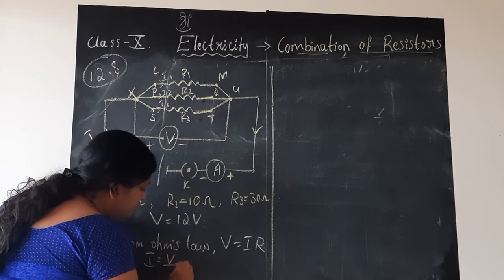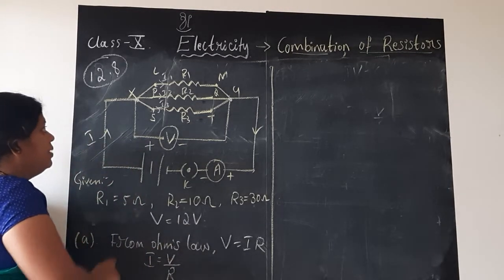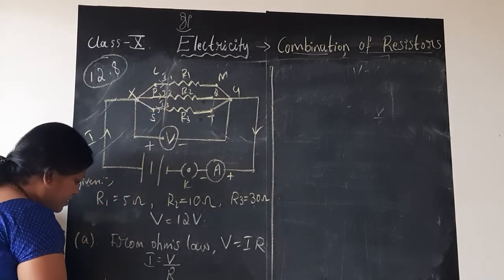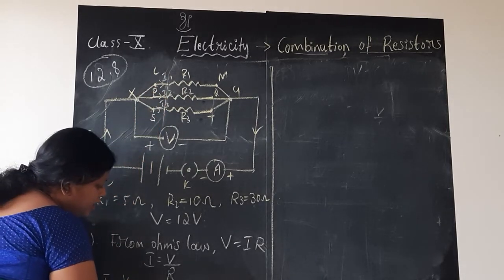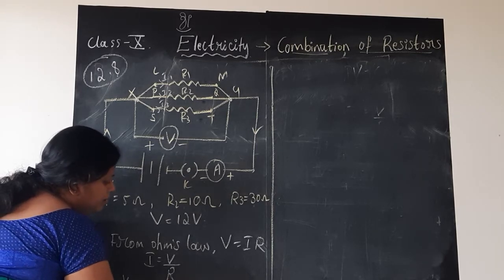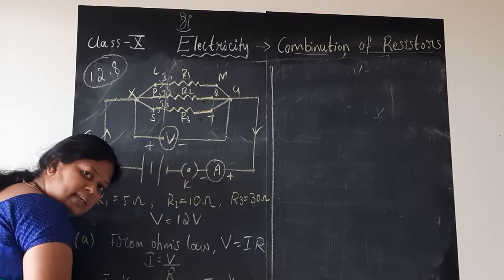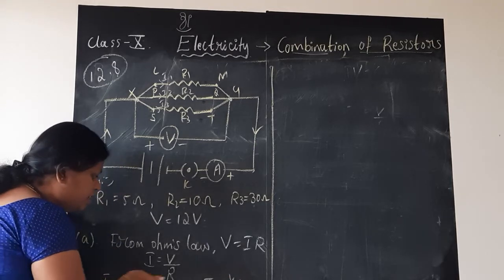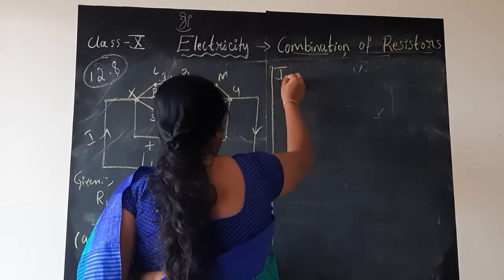I is V divided by R. So the current through the resistor R1, I1, is V divided by R1, I2 is V divided by R2, and I3 is V divided by R3. This is how we need to find out. After knowing the formula, just substitute and simplify.